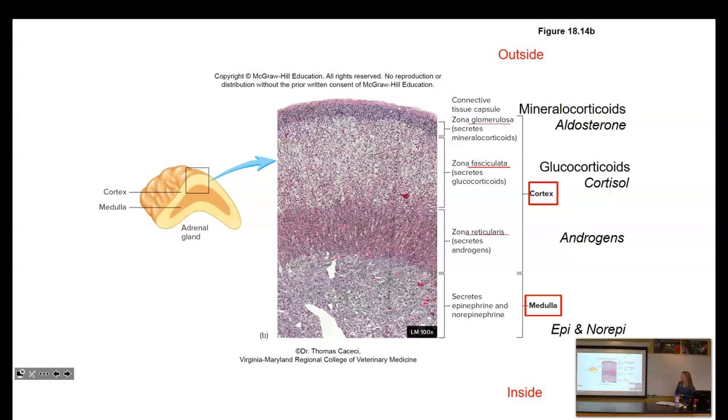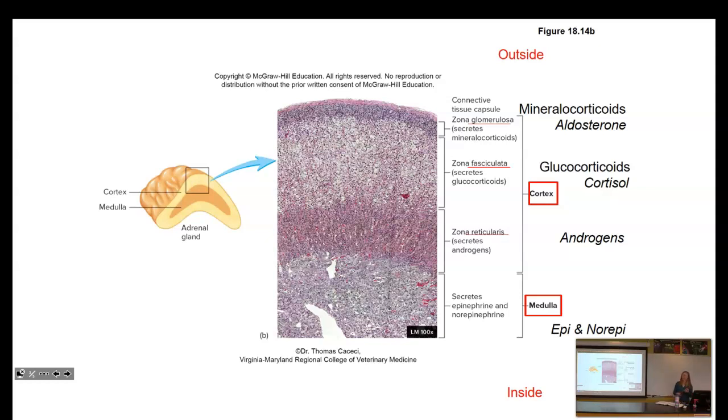And the most important mineralocorticoid that we're going to talk about is called aldosterone. So the mineralocorticoids as a class basically deal with electrolyte balance, and aldosterone is going to be a hormone that acts on the kidney and tells it to reabsorb sodium, to conserve sodium, hold on to it, and as a byproduct of that, it actually eliminates potassium, right? So it holds sodium in to the body, and allows potassium to leave the body.